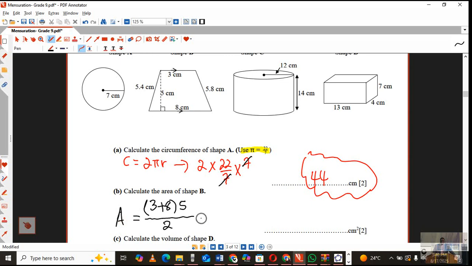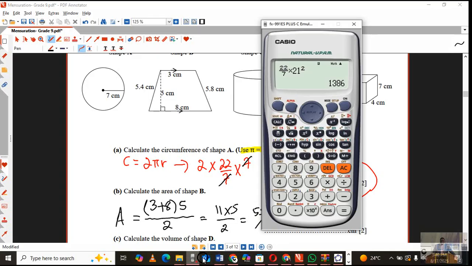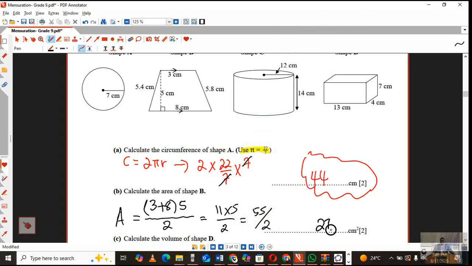So 3 plus 8 is 11. 11 times 5 gives you 55 halves. You can leave your answer like that, or you can leave it as 27 and a half. It's totally up to you. 27.5 will also do.